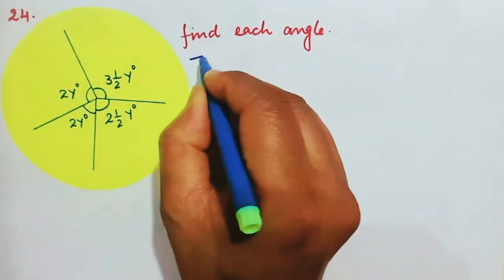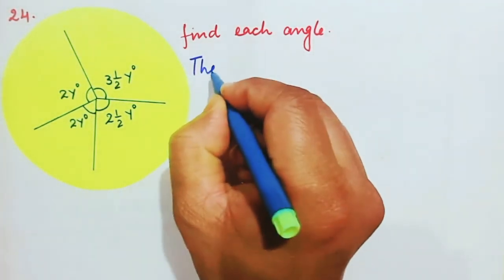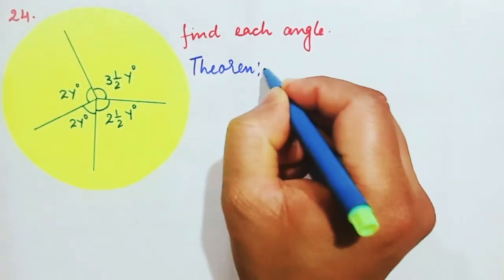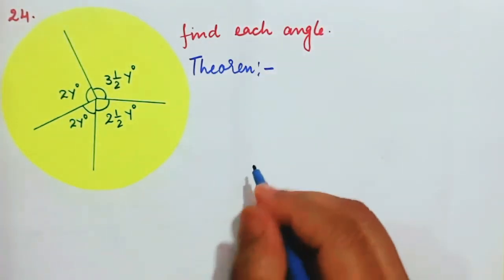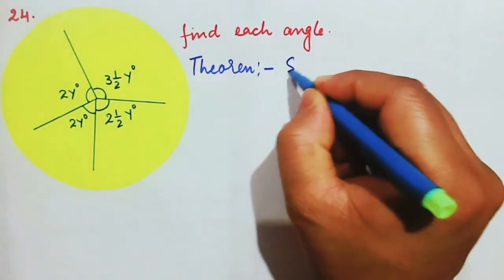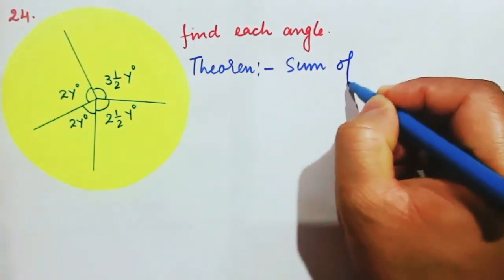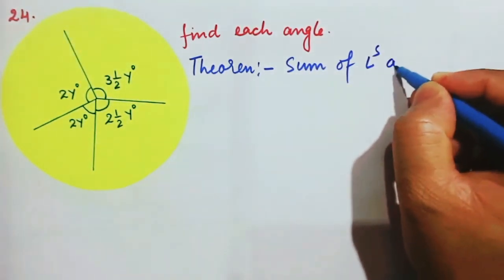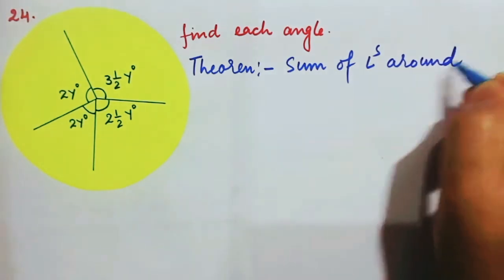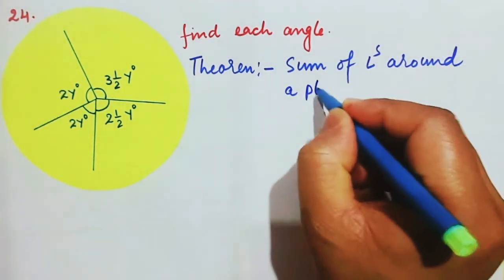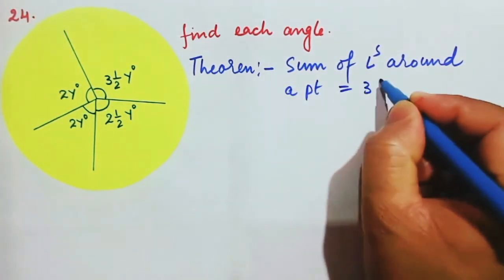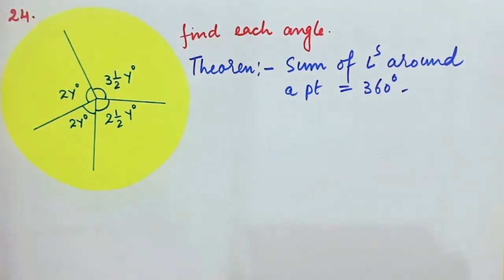Find each angle, and you know that the theorem we are going to use is the same, that is, the sum of angles around a point is equal to 360 degrees.